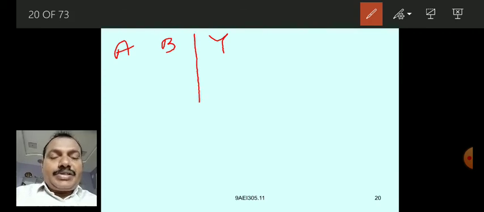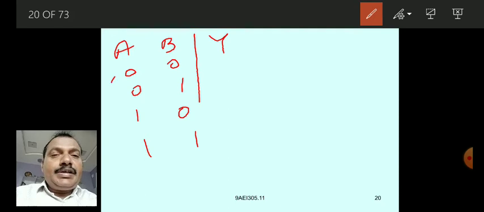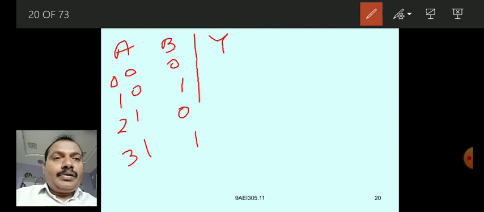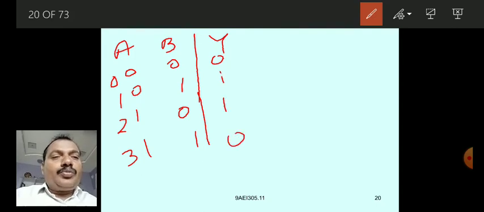How many combinations are there? Two variables: 0 0, 0 1, 1 0, 1 1. In decimals it is 0 1 2 3. So let us take the output like this: 0 1 1 0. These are the outputs.